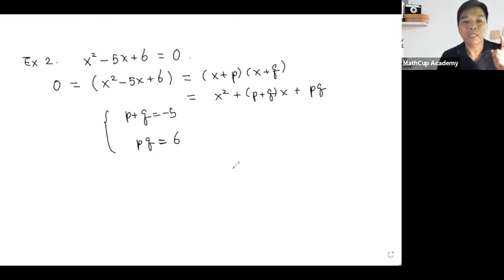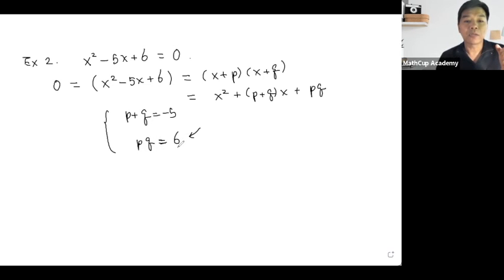Again, we're only searching for integer solutions for p and q. For p times q equals 6, we search possible candidates because factoring has very limited choices.